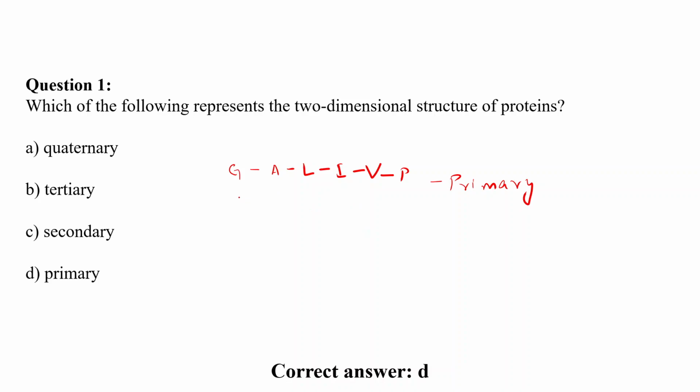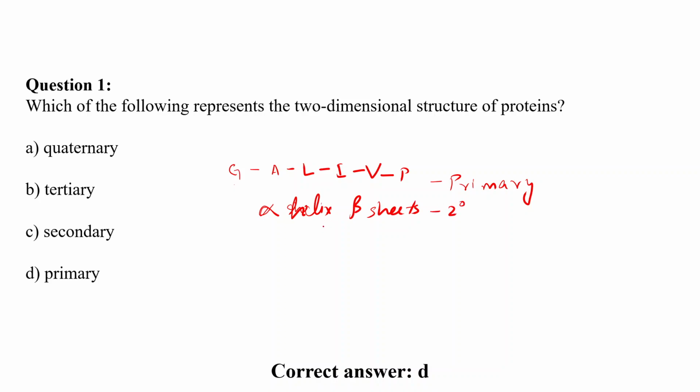After this comes the secondary structure, where we have the arrangement of these amino acids into either alpha helix or beta sheets. So these are the secondary structures.